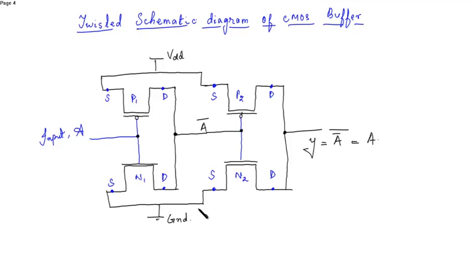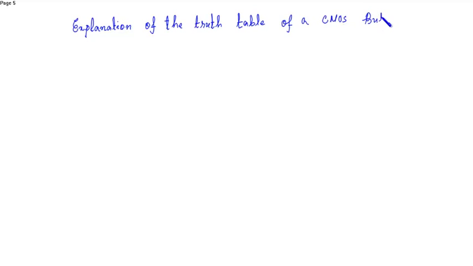Now we can see the explanation of the truth table of a CMOS buffer from the schematic.